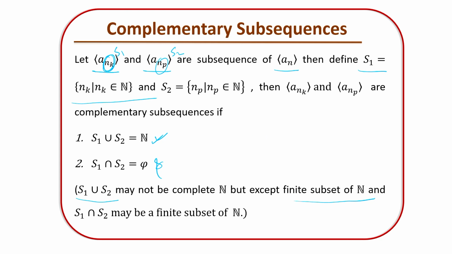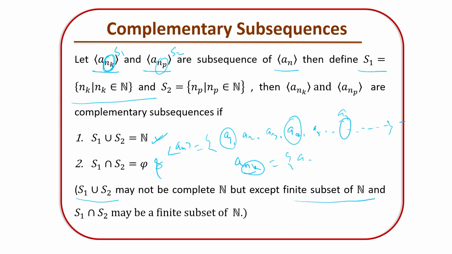So what we are looking for: we have a sequence a_n, so a1, a2, a3, a4, a5 and so on, right. Now I consider a_nk, where n_k is some specific collection of natural numbers. So let's say a1, a4 and then a7 and so on. These are the a_nk.